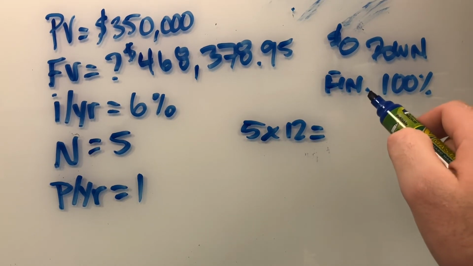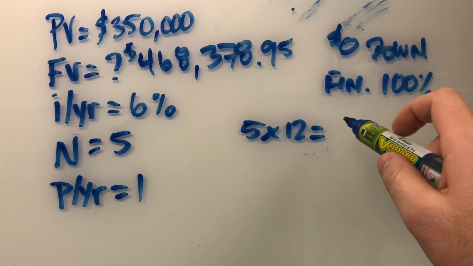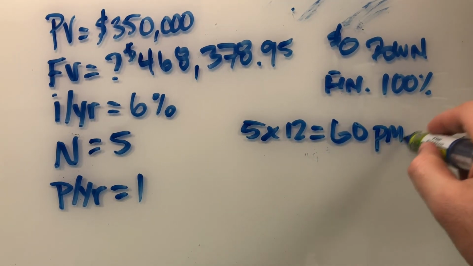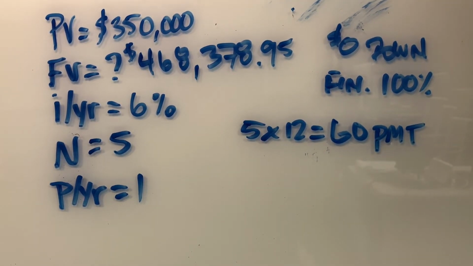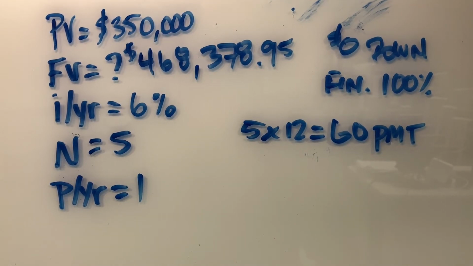Sorry, I'm blanking. 60 payments by the end of 5 years. And you have to realize that between principal and interest, say your payment is $1,800 a month, but that includes your interest as well.